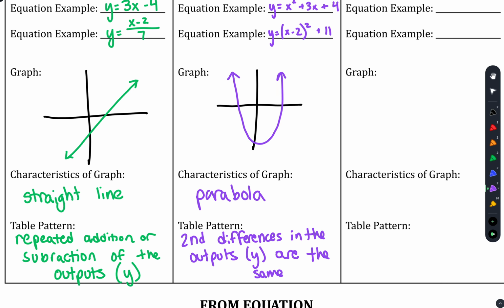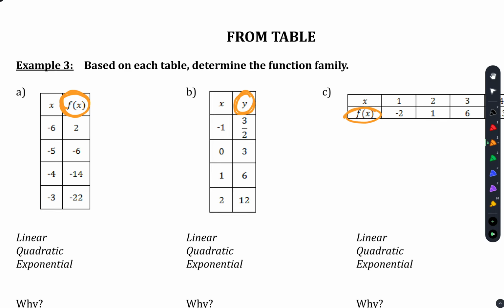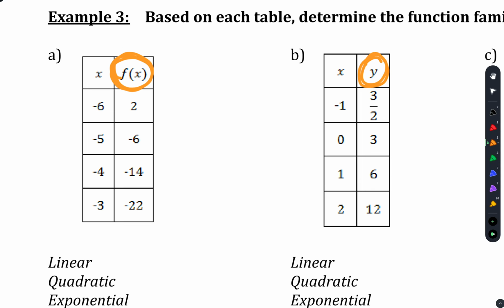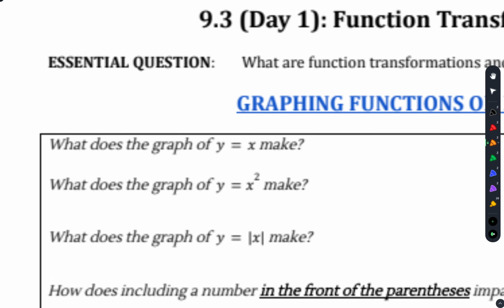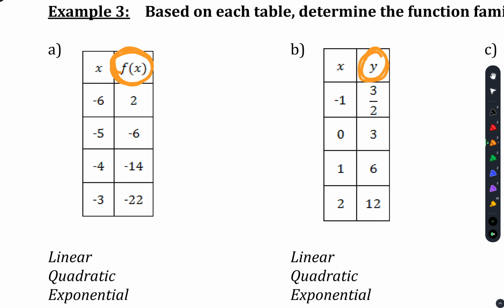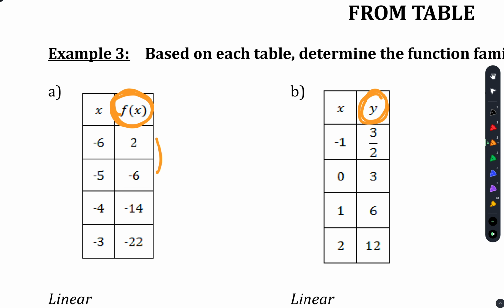Let me tell you how we're going to do these. We are going to first see if there's a pattern of addition or subtraction. I find that that's the easiest pattern to identify. So let's say I look at this, I don't see the pattern right away. I'm going to figure out what is the difference between each one of these steps. So from 2 to negative 6, I'm subtracting 8. From negative 6 to negative 14, I subtract 8.